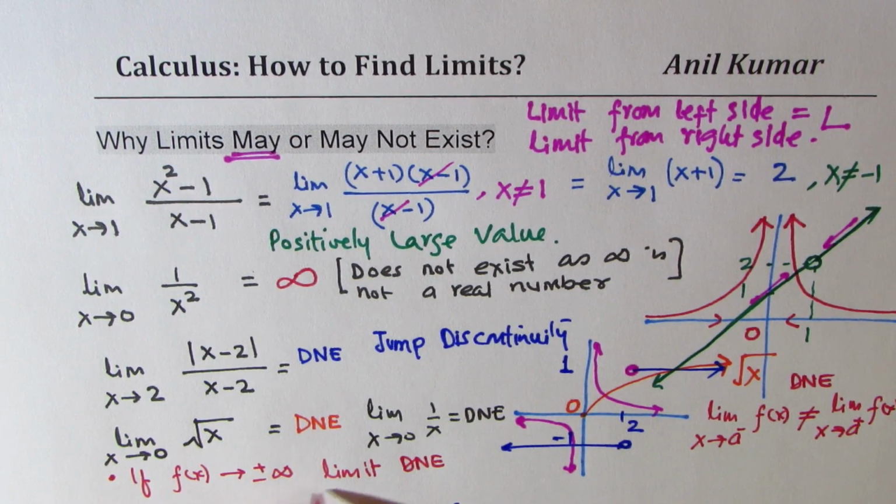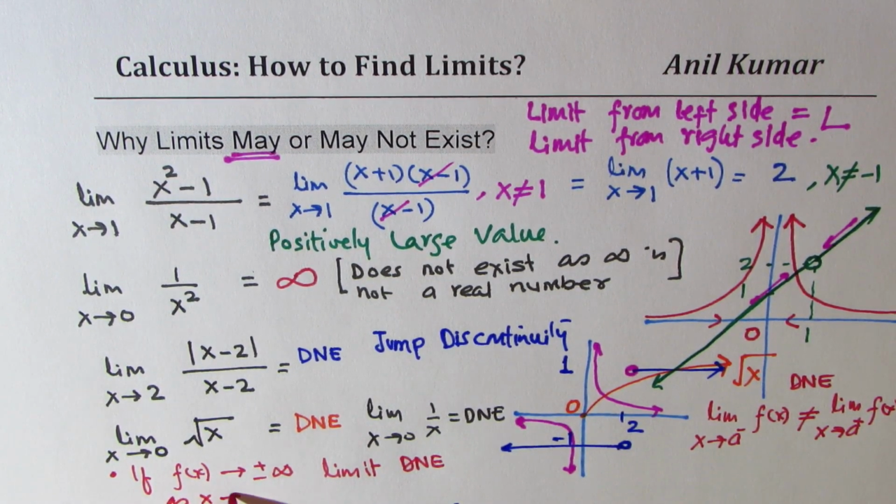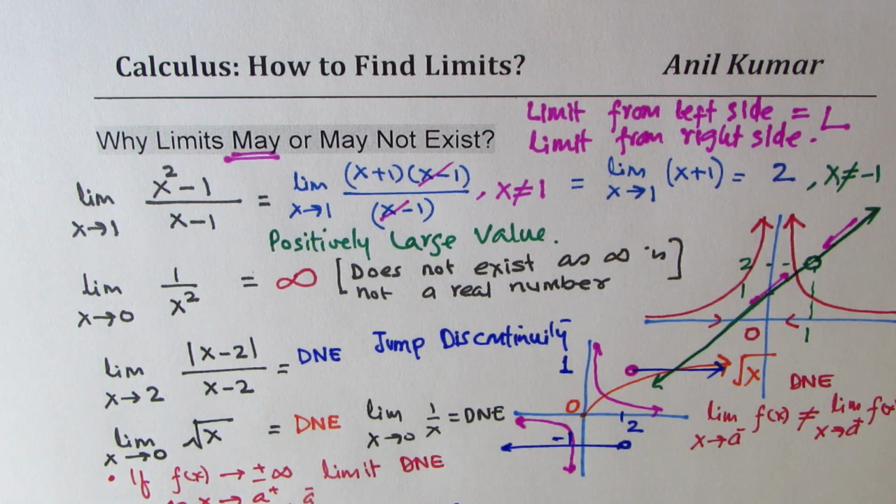We're talking about x approaching the point a, from the positive side or from the negative side. Those are the conditions where the limit will not exist. I hope this concept is clear to you, with these very popular examples.